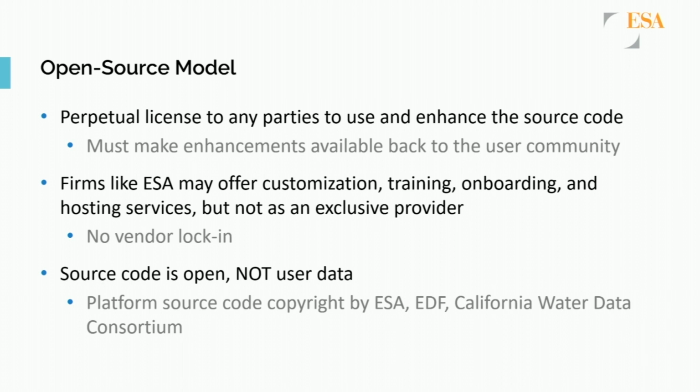It allows anybody to use it and enhance the source code. The only caveat is that they have to bring their contributions back to us. Firms like ESA may offer customization, training, onboarding, and hosting services, but not as an exclusive provider. And we want to emphasize that the source code is open, but not the user data.